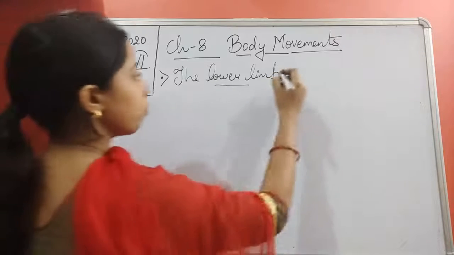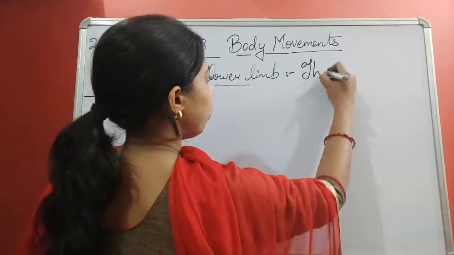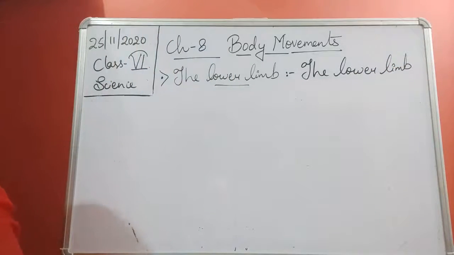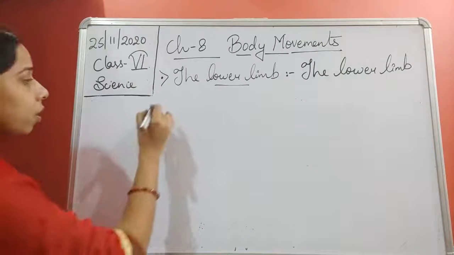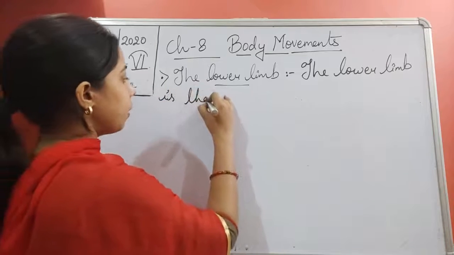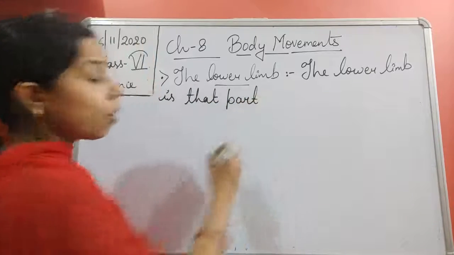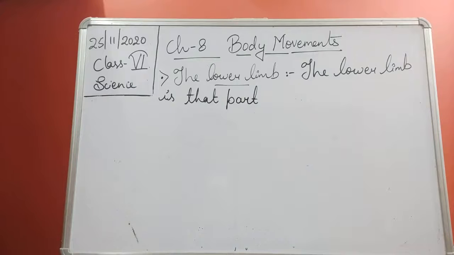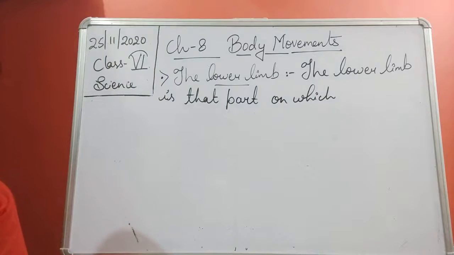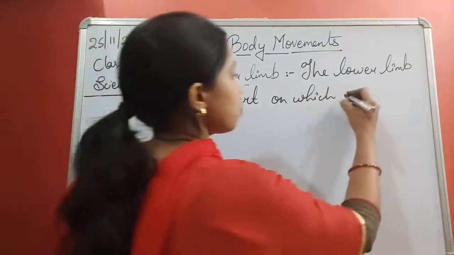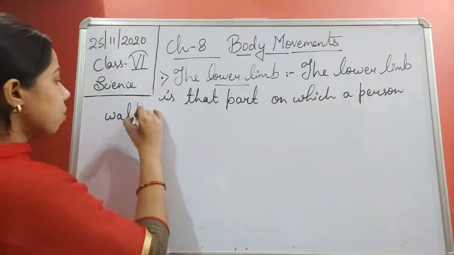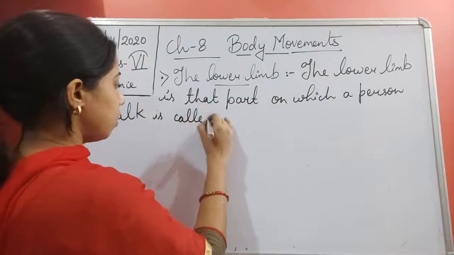Okay, so what is the lower limb? If we have to write the definition of the lower limb, the lower limb is that part of the body on which a person walks, also called legs.